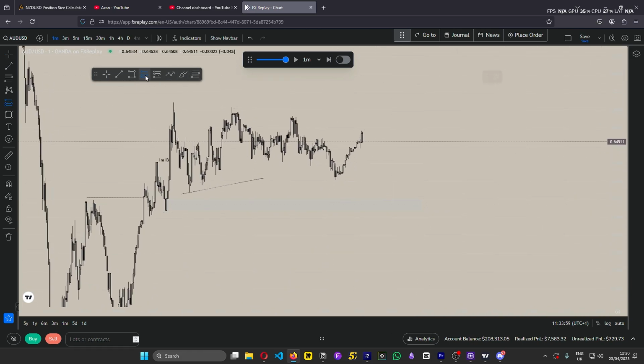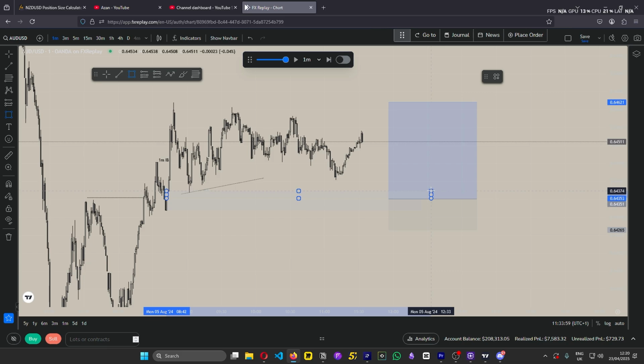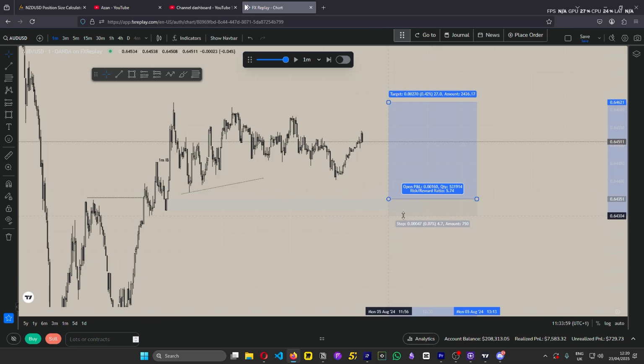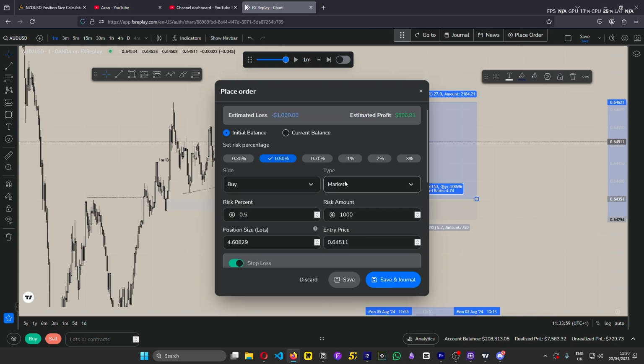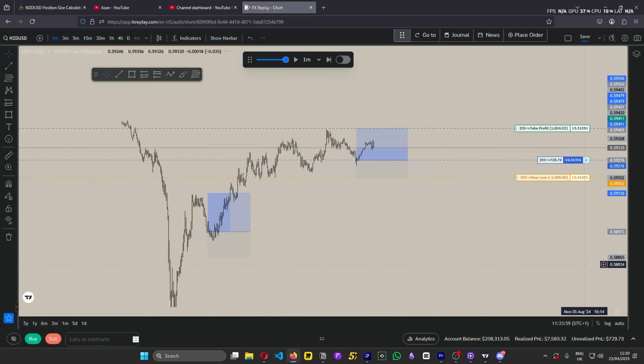If this were to come back, I'll take this. I'll take it off the imbalance actually, because that one's mitigated, so I'll take it off of this right here. That's 4R. I'll take that if it comes back. Yeah, let's see NZD. What's this doing?